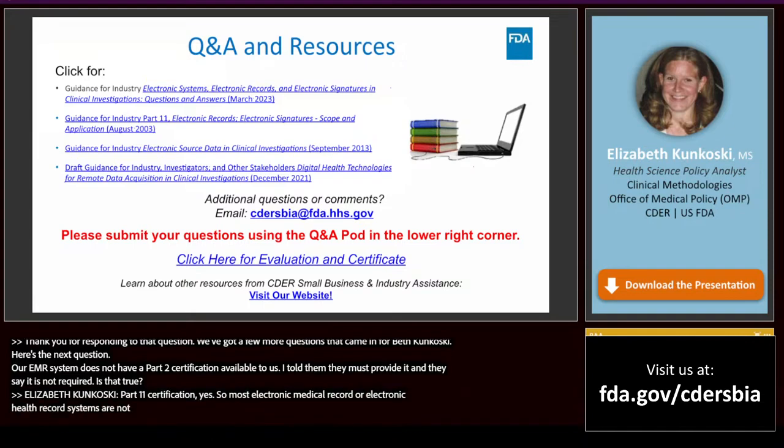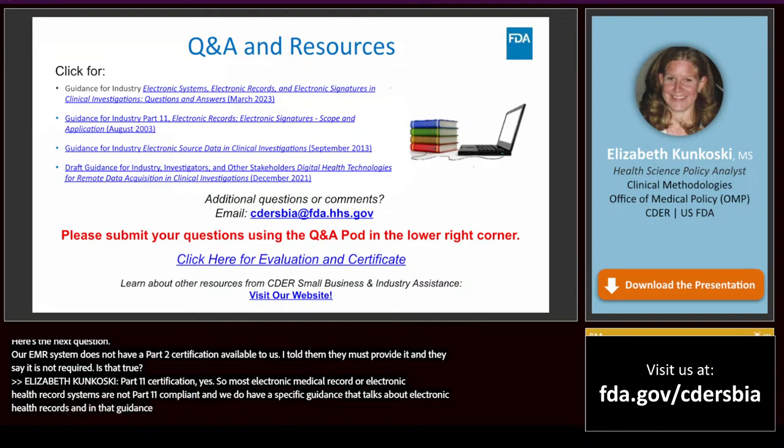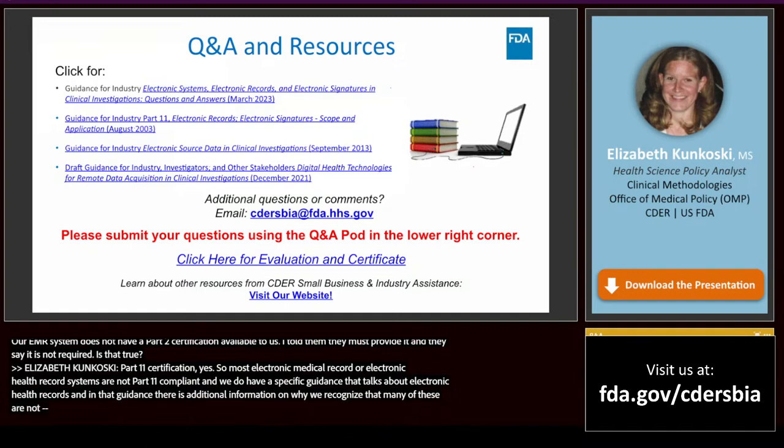And we do have a specific guidance that talks about electronic health records, and in that guidance there is additional information on why we recognize that many of these organizations are not regulated by FDA, and so we can't enforce Part 11 compliance on many of these systems that most hospitals use.